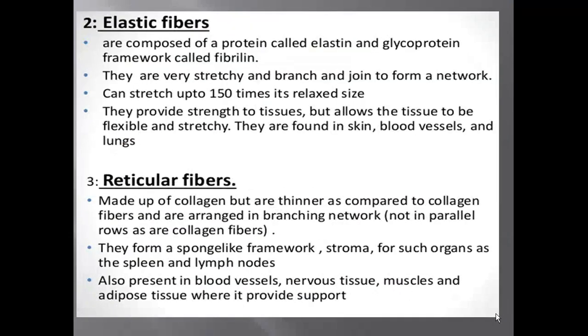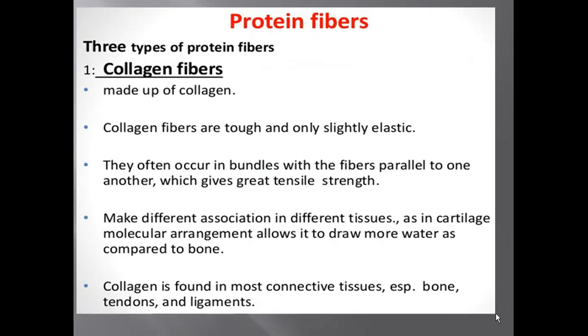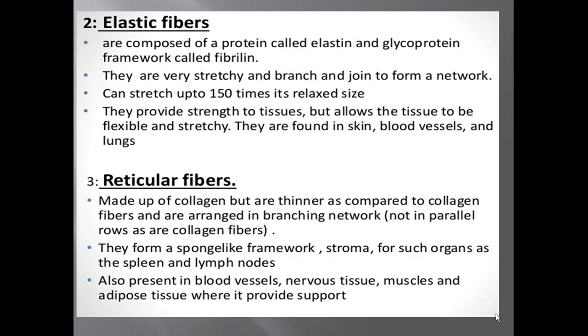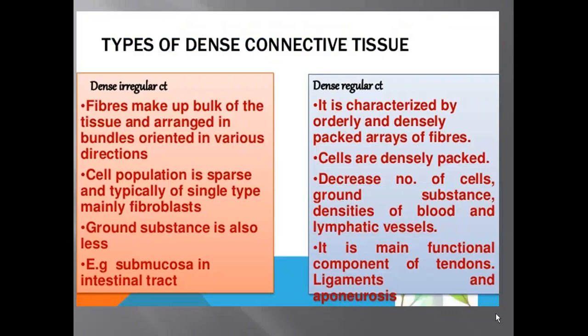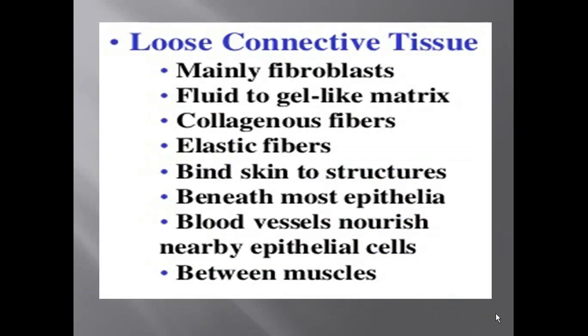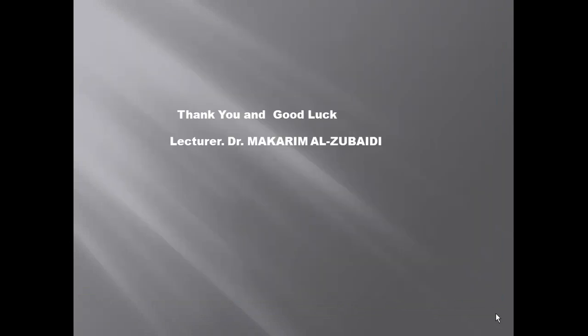For fibers, collagen fibers, elastic fibers, and reticular fibers are just for knowledge. This comparison for dense connective tissue is important, and so is the definition for loose connective tissue. You can mention all of these characteristics. All right, this lecture, I hope I can upload it in Google Classroom.